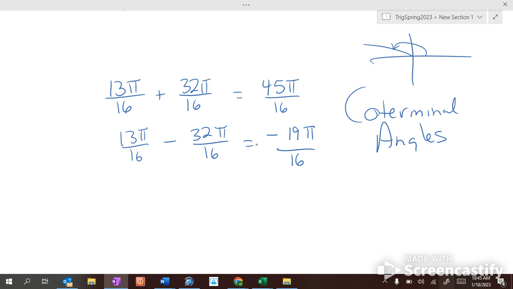This is 13 pi over 16. This is 45 pi over 16. And then this is negative 19 pi over 16.